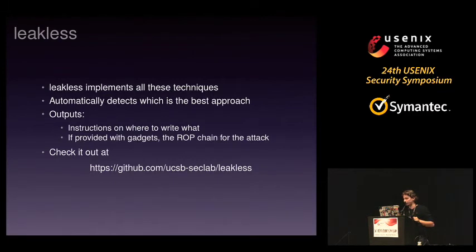Or, if provided with the appropriate gadgets, it can also produce directly the ROP chain implementing the whole attack, which is kind of nice. You can find the source code of leakless at github.com/ucsb-seclab/leakless, and I invite you to check it out.